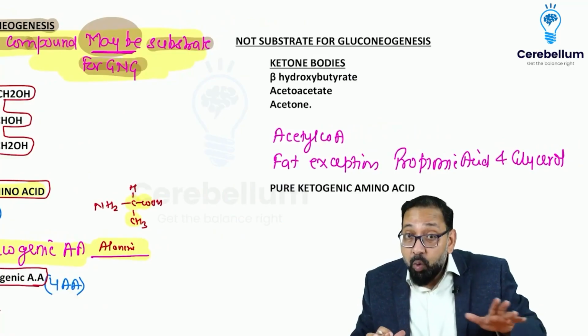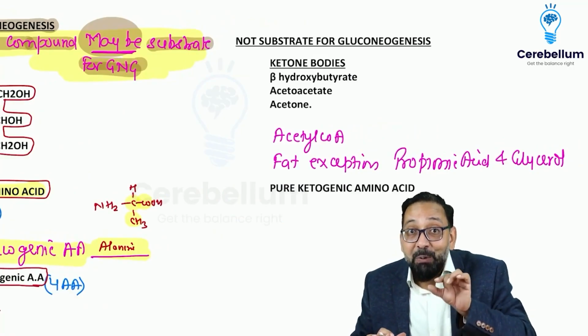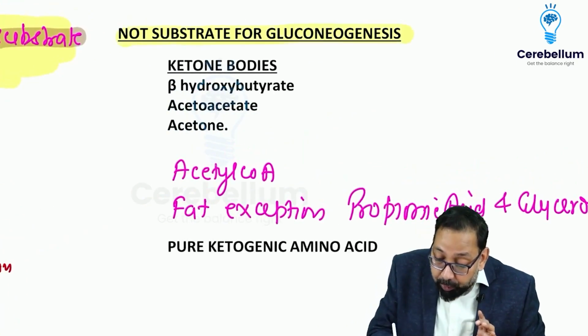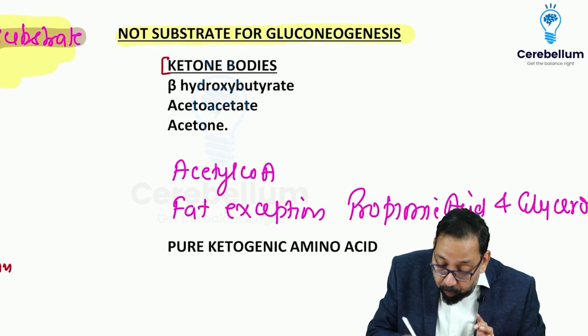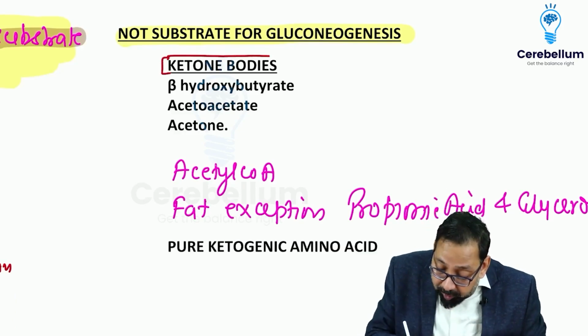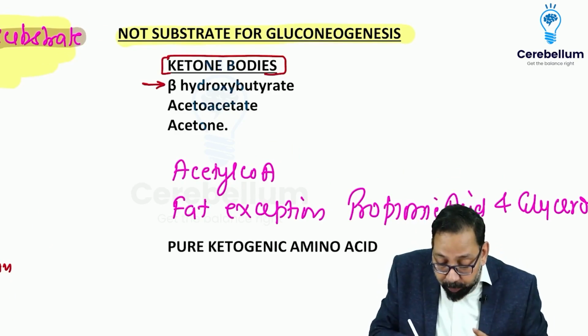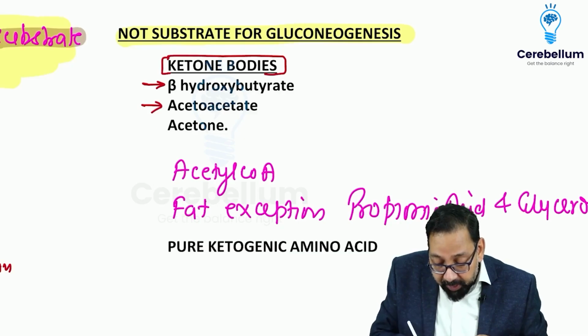If you don't remember what the substrates are, at least remember what are never substrates for gluconeogenesis. Not substrates for gluconeogenesis are ketone bodies. 3 compounds are named ketone bodies: beta hydroxybutyrate, acetoacetate, acetone.